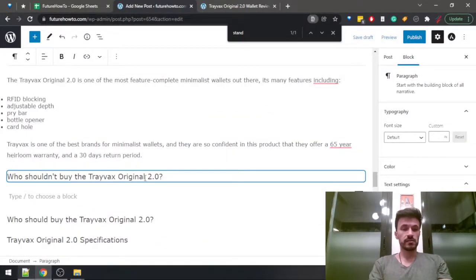Let's say like this. One of the most common complaints about this wallet has been the unreliability of the cache band.